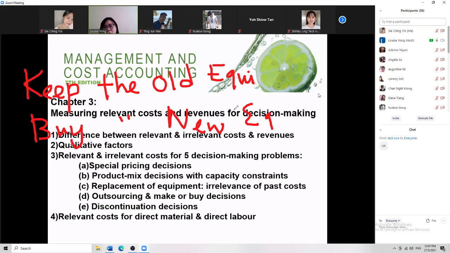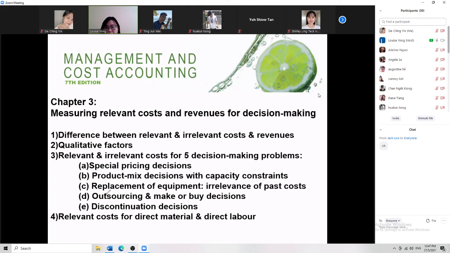It means that maybe the old equipment here has been used for 5 years or 10 years already. So you have old machines, old equipment that you have used for a long time. So now you have to decide, do you want to change to a new one? You can buy a new equipment. So here, what is your relevant cost or what is your irrelevant cost? Then what is your decision? You have to decide whether buying is more worthwhile, or using the old one is more worthwhile. So this is number third.